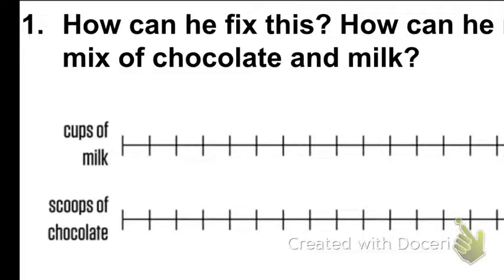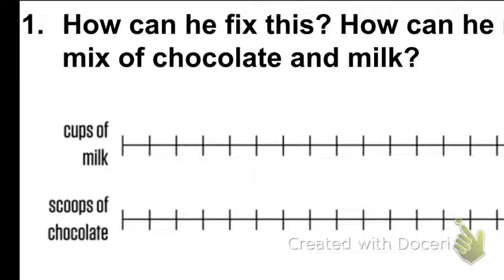So 2 cups and then that would be, hold on, 3.5 cups of milk. That would be 9 scoops of chocolate. Eight scoops of chocolate. Remember, it's 4 for each cup.